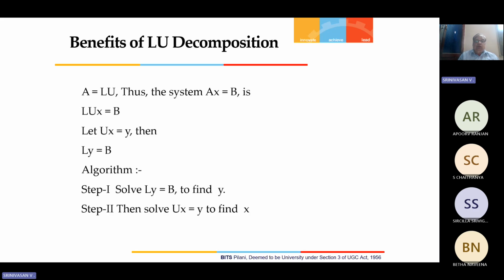First assumption, UX equal to Y. You take the second part first and then go back to the first part because B is available, L is available. You have some unknowns because of this assumption, let it be Y1, Y2, Y3. So naturally, whenever there is a matrix equation of this form, you can find the unknowns Y1, Y2, Y3, or Y1, Y2, or Y1, Y2, Y3, Y4.